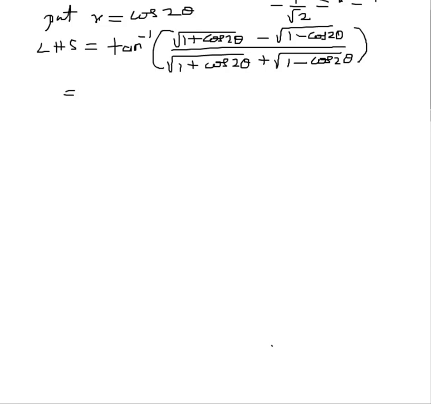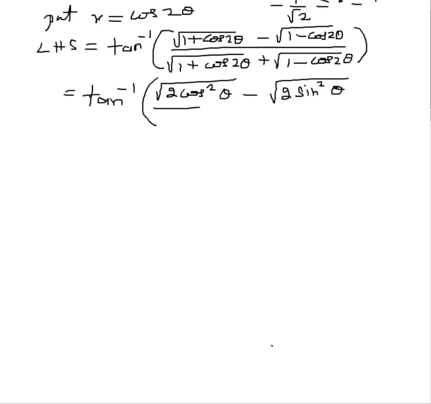Tan inverse of, 1 plus cos 2 theta formula is 2 cos square theta. Very, very important formula. Root of 1 minus cos 2 theta is 2 sin square theta. Minus sign has the sin square formula, plus sign has the cos square formula. Similarly, this is root of 2 cos square theta minus root of 2 sin square theta, over root of 2 cos square theta plus root of 2 sin square theta.